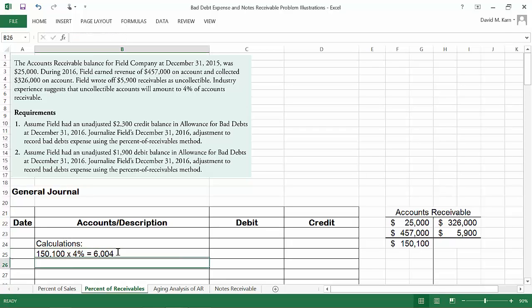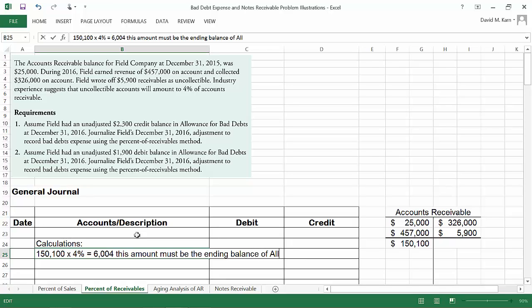Okay. Now, let me just state what this means here. The 6,004 amount must be the ending balance of the allowance for bad debt after the adjusting entry.